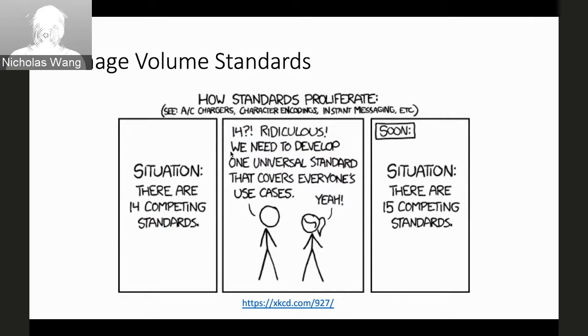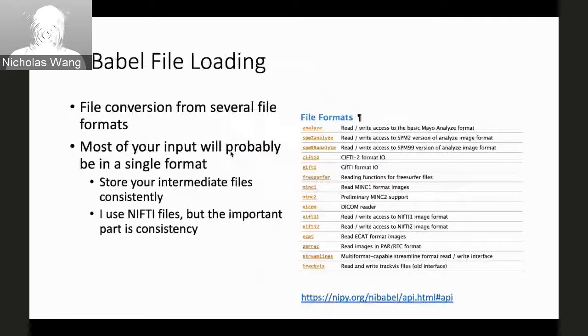And there's a lot of different standards out there for how to handle files, as you can tell by this XKCD comic. So I'd recommend picking a particular one, and this is the one from Nibabel. It can handle a number of different ways that people store intermediate files, including DICOM. But I've used NIFTI in the past. There's NRRD.